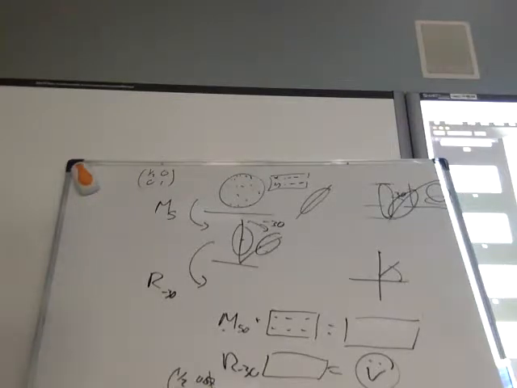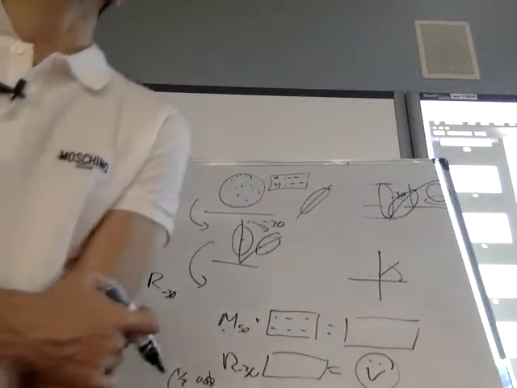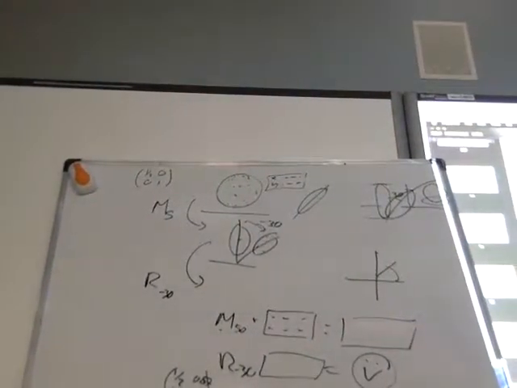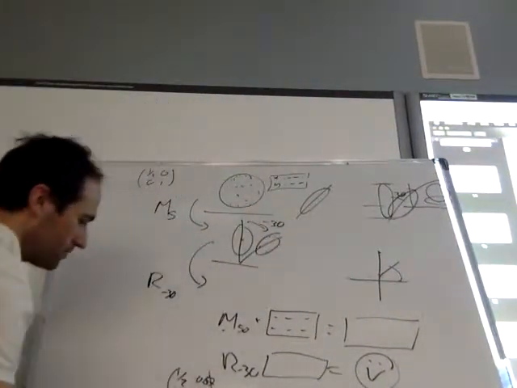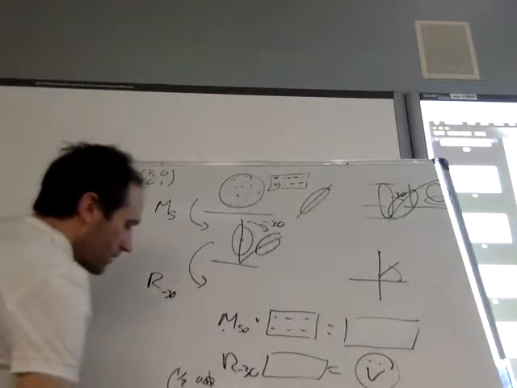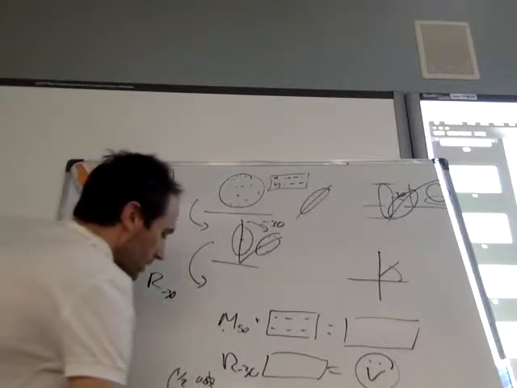You can look it up in 2D. So it's cosine theta, minus sine of theta, and then sine theta, and then cosine theta.